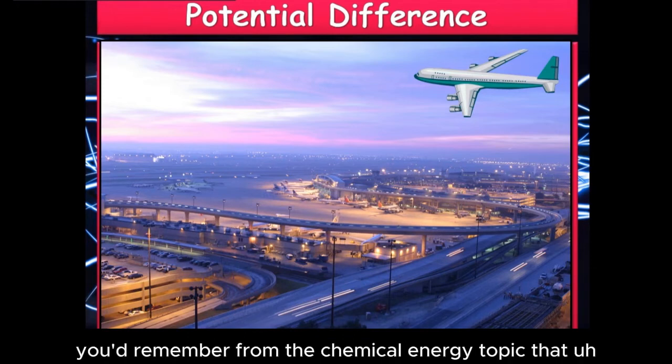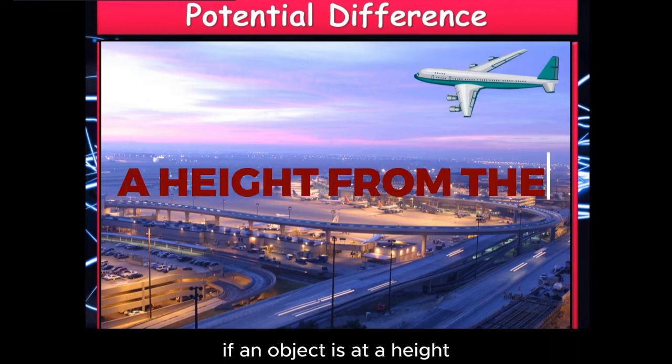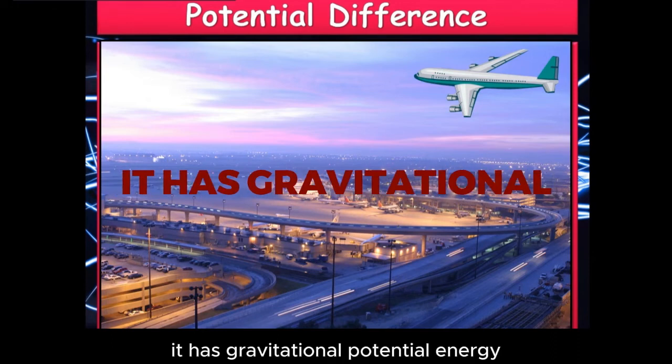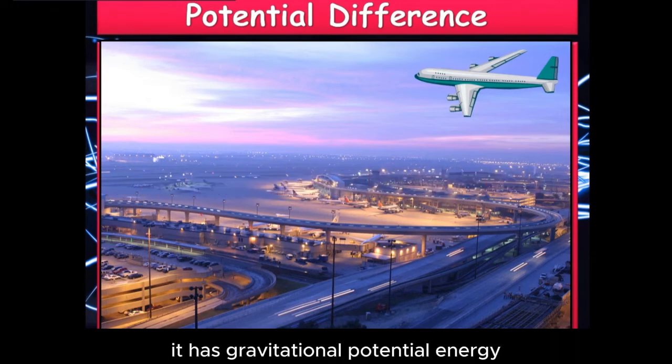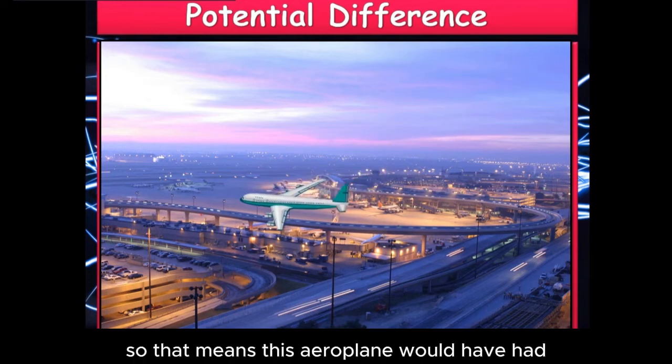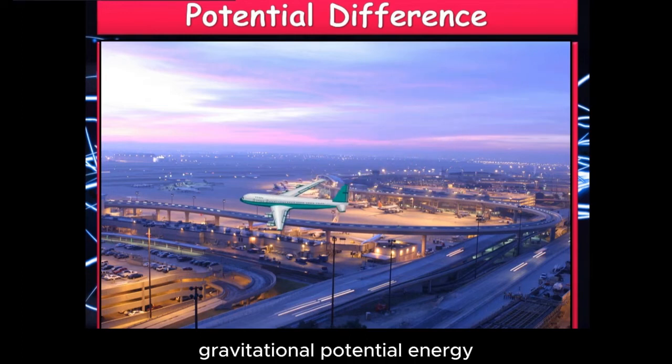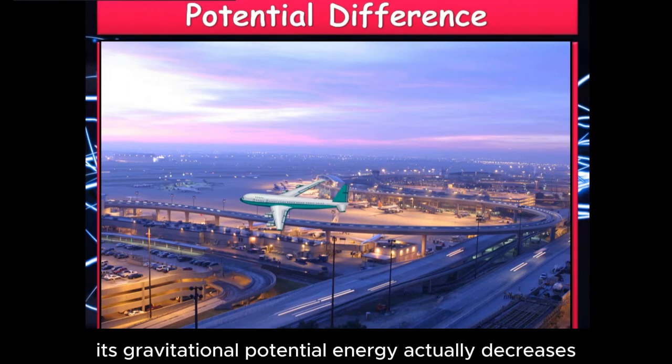So you'd remember from the mechanical energy topic that if an object is at a height from the surface of the Earth, it has gravitational potential energy. So that means this aeroplane would have had gravitational potential energy. But as it descends downwards, its gravitational potential energy actually decreases.